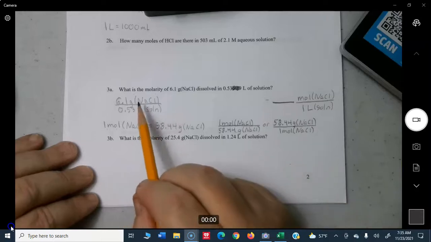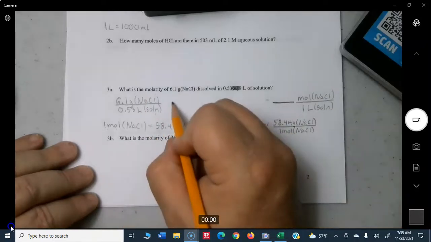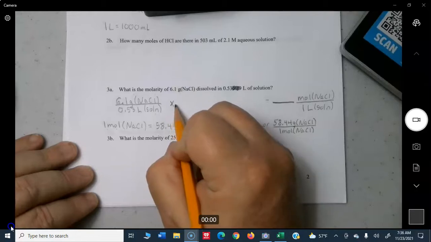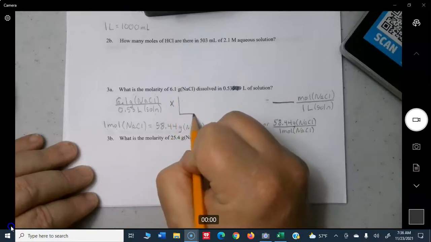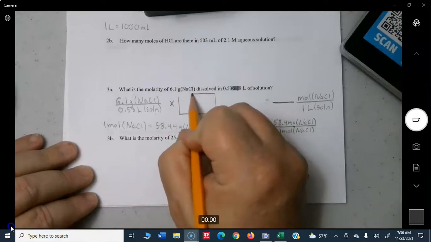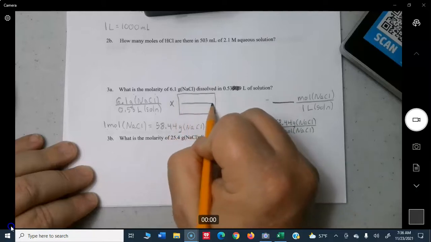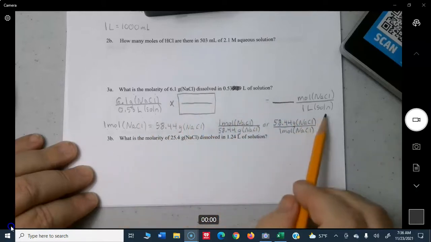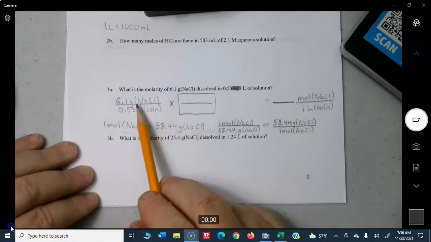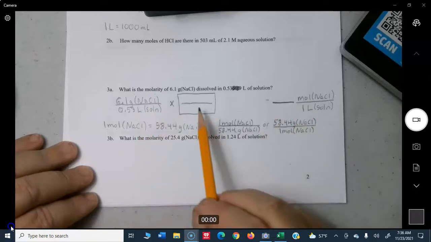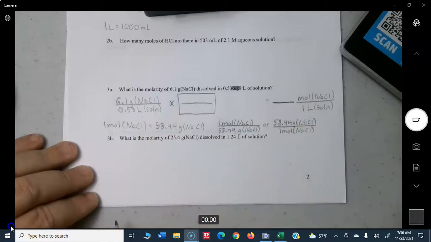So we're only going to need 1 conversion. I left all this space because sometimes you don't know how many conversions you're going to need when you first start a problem. But we just need 1. Again, we're done with the bottom. The bottom is already good. What do we do to get the top from grams to moles? Which of these 2 do we put in the box? Grams on top here means grams on bottom here, so we're going to pick this one.